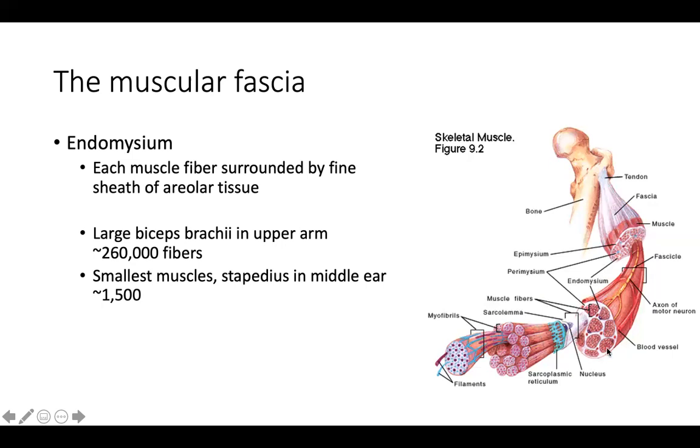So we have one muscle fiber that is bundled again by the epimysium into the actual muscle itself. So muscle fibers get bundled into the muscle, and now we have one muscle and it's attached to the bone. The largest one with the most fibers is in the biceps. The smallest one is the stapedius, which is in the middle ear.